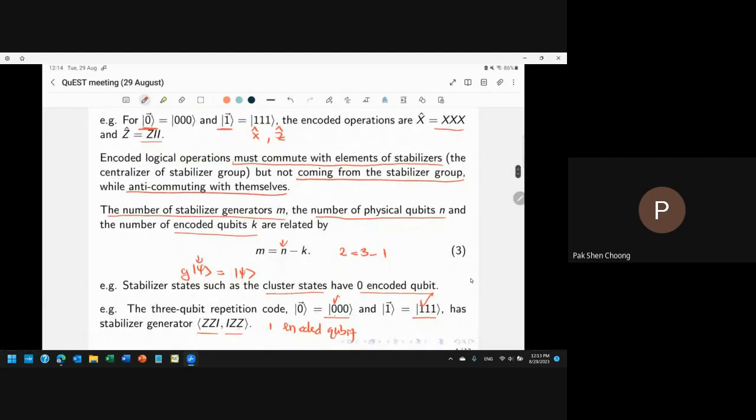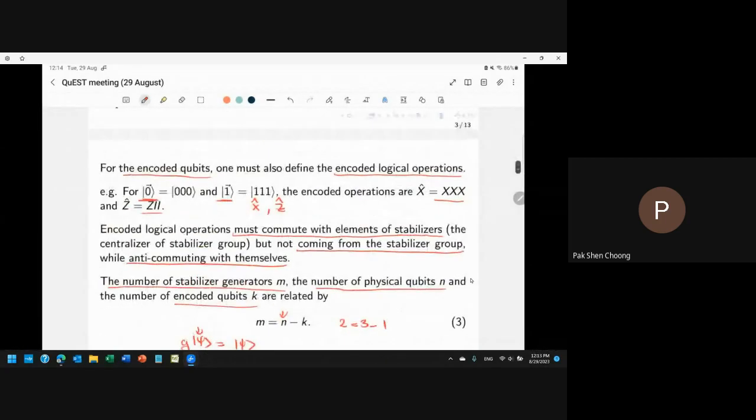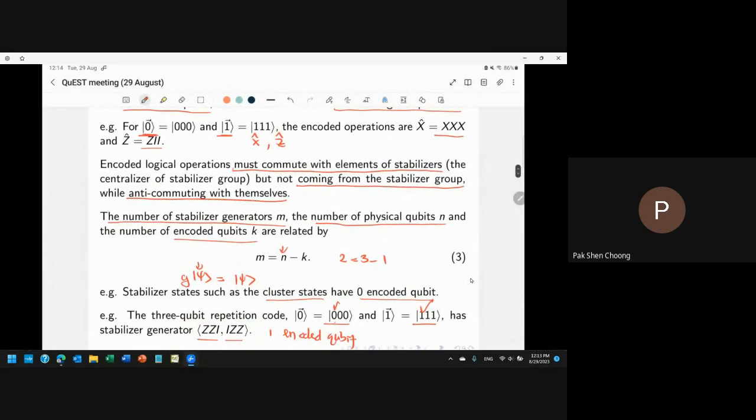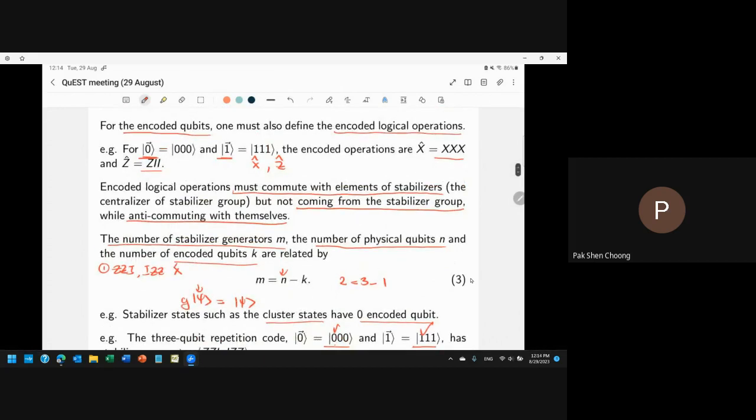You can also look at the stabilizer generators, ZZI and IZZ, with respect to the encoded operations that you perform. You find that, first, ZZI and IZZ can't generate your X hat and Z hat.